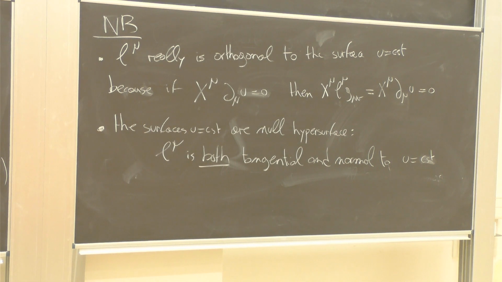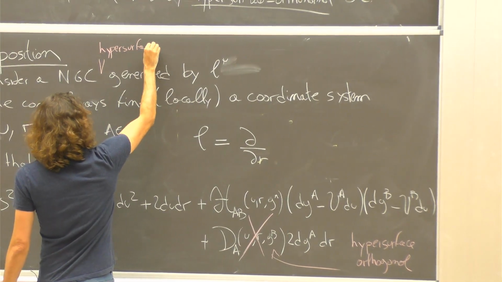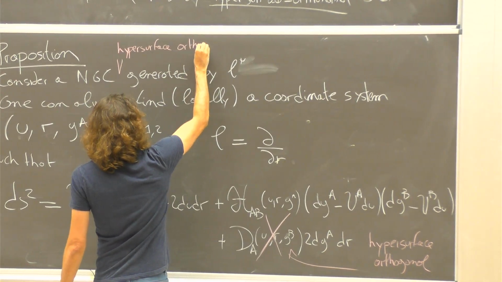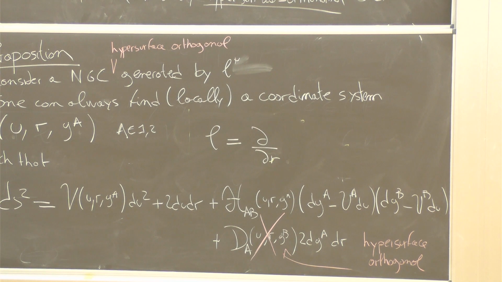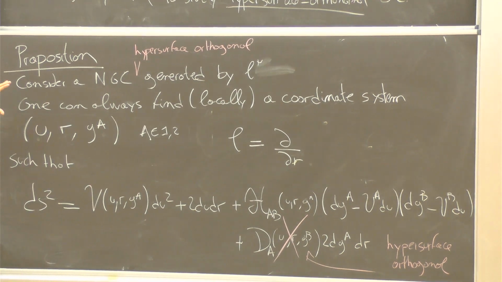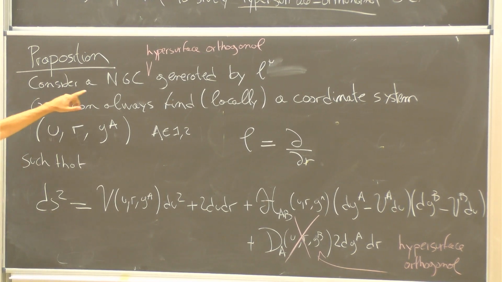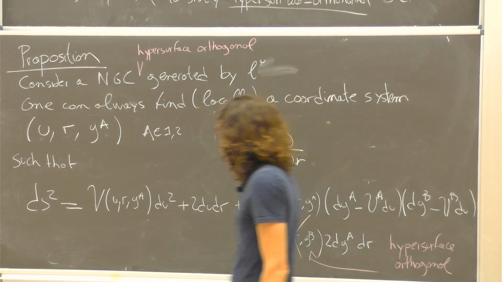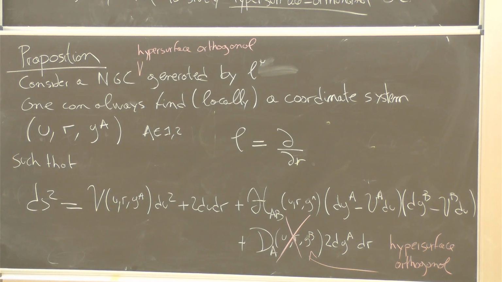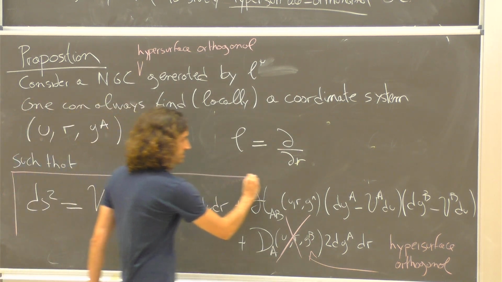Now I'm changing this proposition. This is hypersurface orthonormal. So at the end of all this, what we now see is that if you start with a null geodesic congruence which has this property that it's hypersurface orthonormal, which is also the same as non-twisting, then you have a coordinate system associated with it.